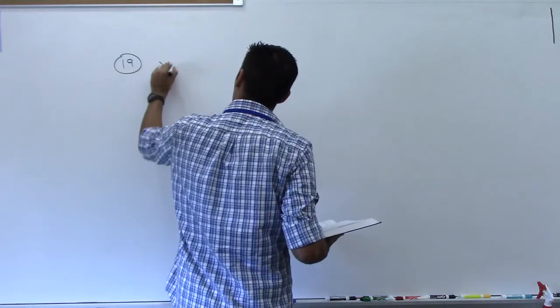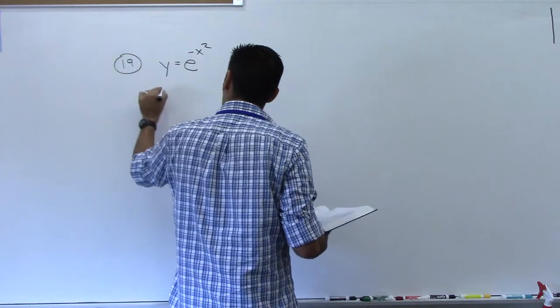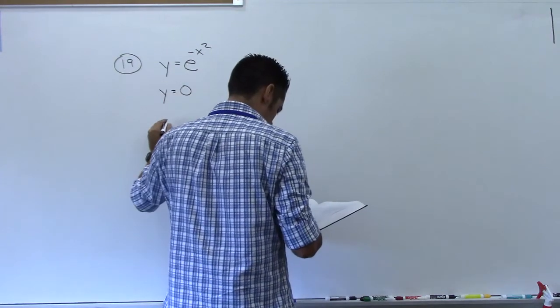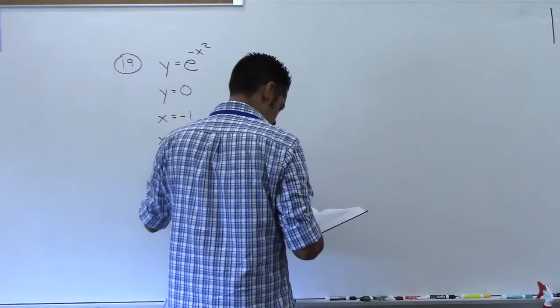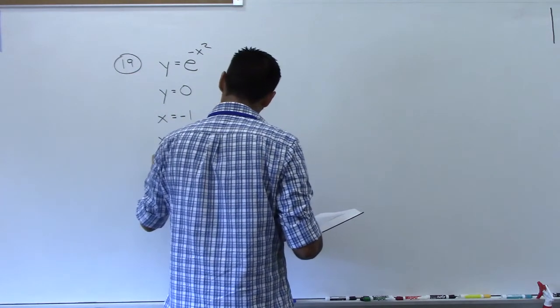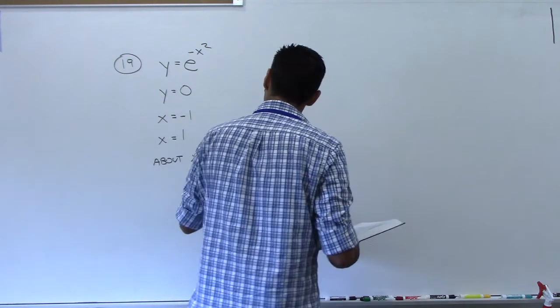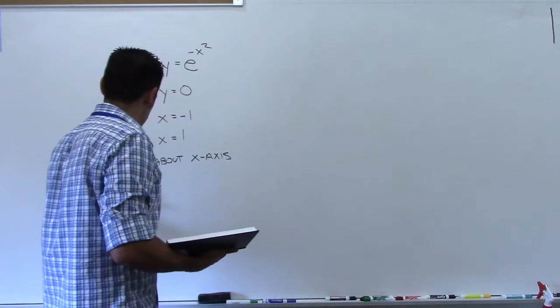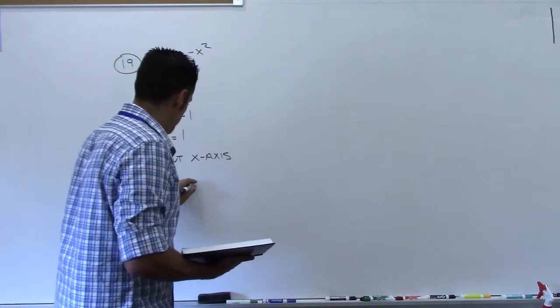Okay, y equals e to the negative x squared, y equals 0, x equals negative 1, x equals 1, and part A says about the x-axis. That's part A. Part B says about y equals negative 1.